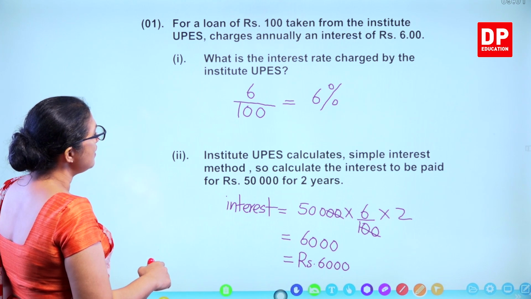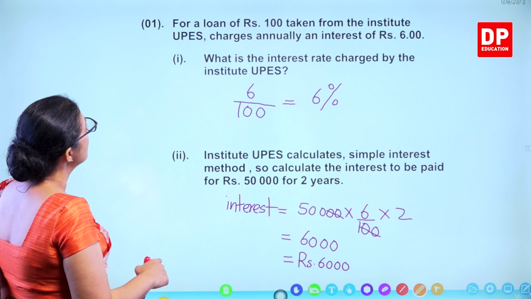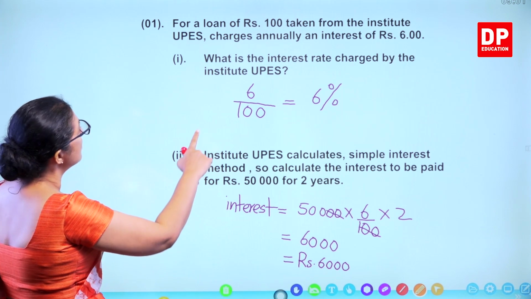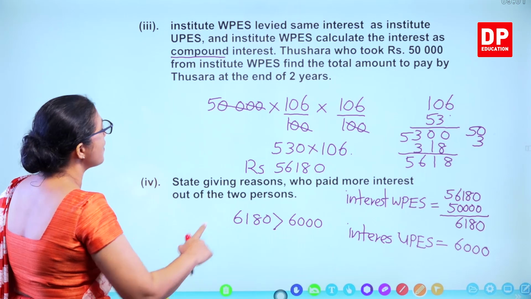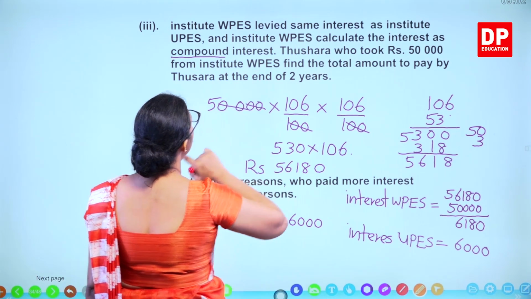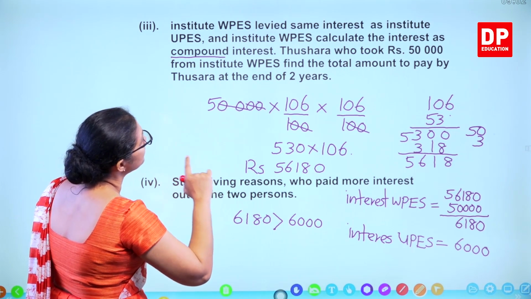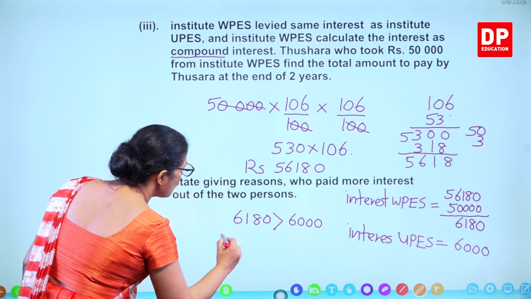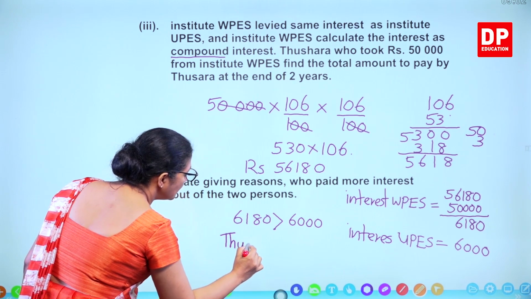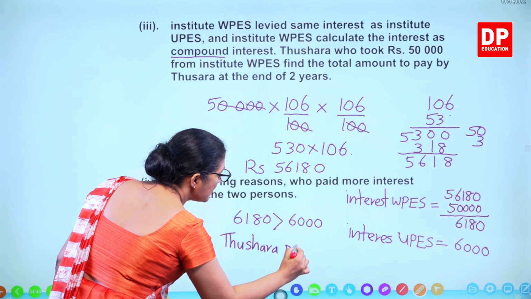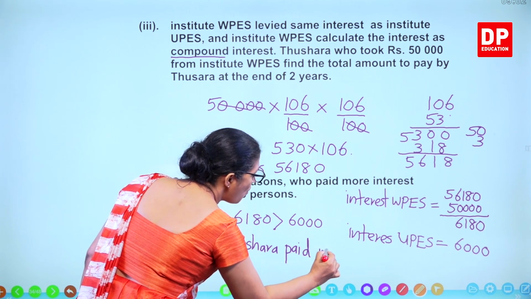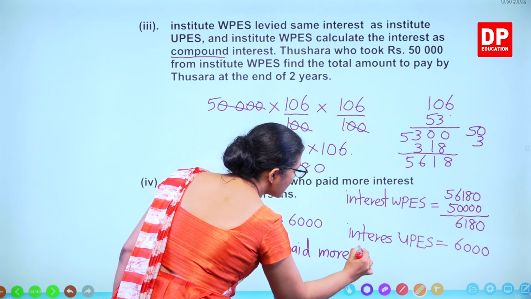There's no name for this one. So Tushara for this one, WPES. So you can say Tushara paid more interest.